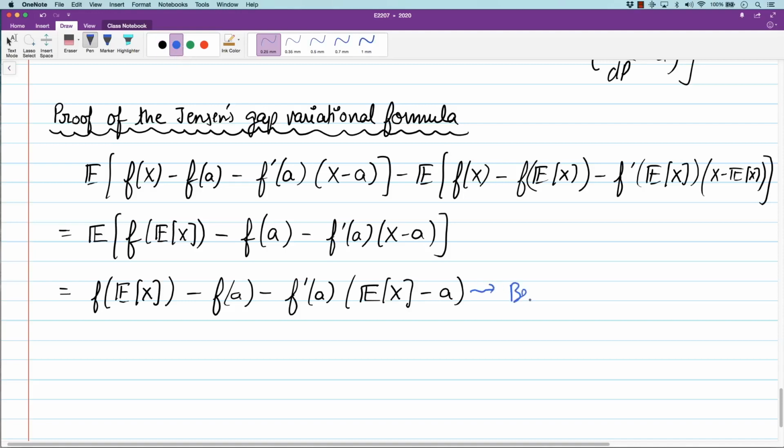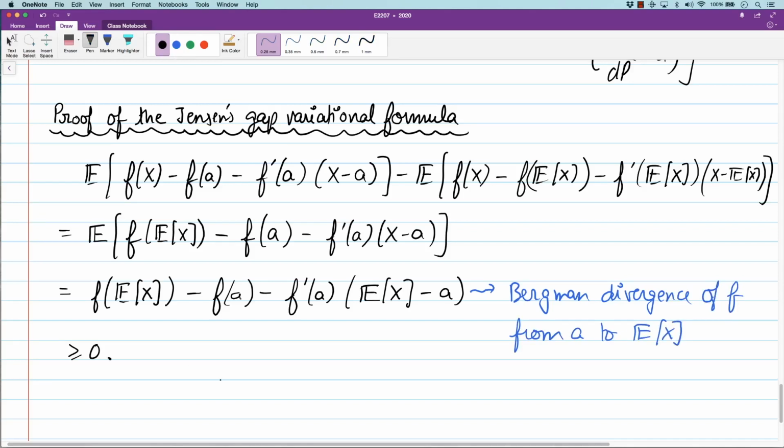That is the Bregman divergence of f from A to expected value of x. And this guy is non-negative. And of course, you can have equality here by setting A equal to expected value of x. That's the proof. This is always non-negative, and there's equality when A is set to expected value of x.